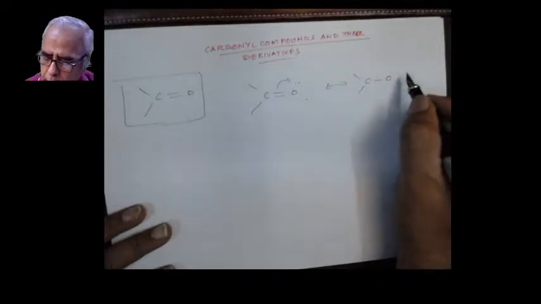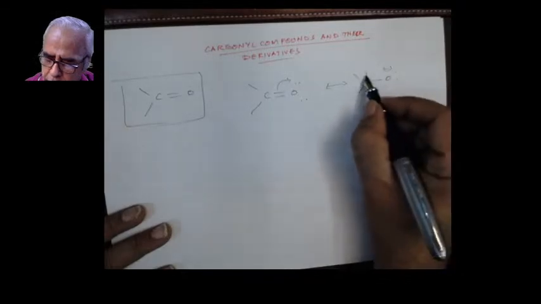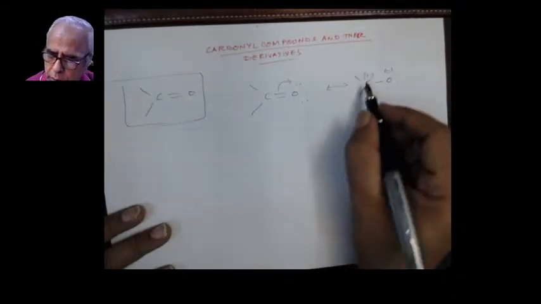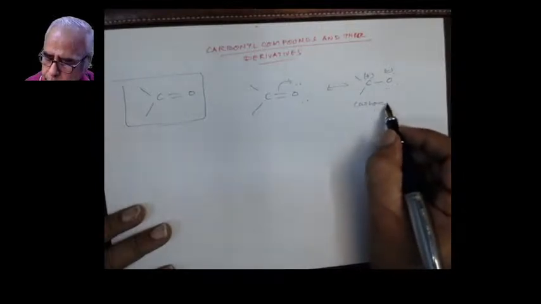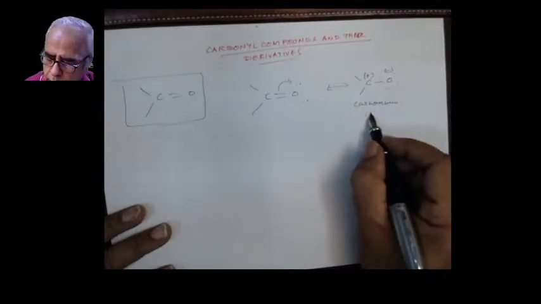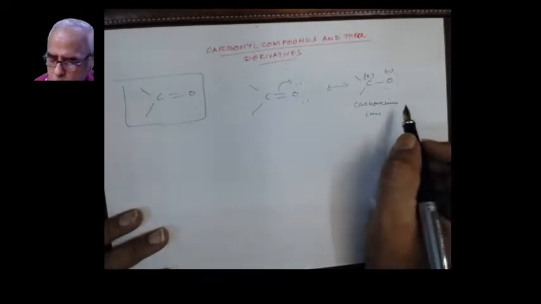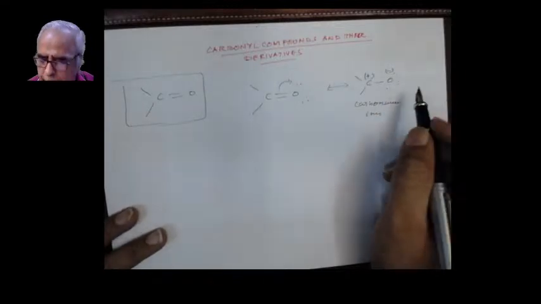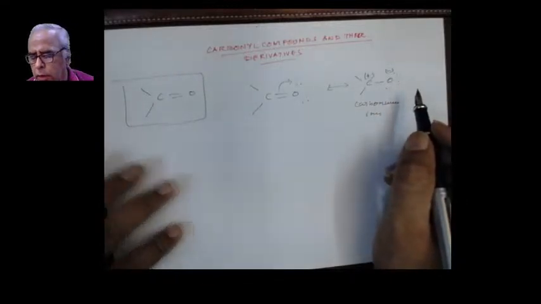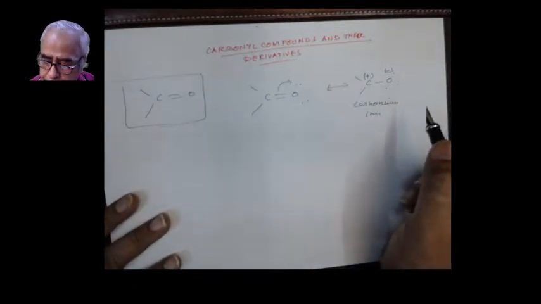and so this becomes minus, this becomes plus. So it results in a carbonium ion. Here, carbon with the positive charge is called carbonium ion, and this is a very reactive center, and that's why it can develop a variety of derivatives.